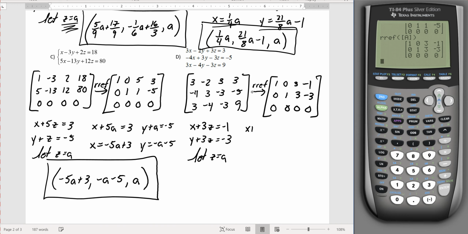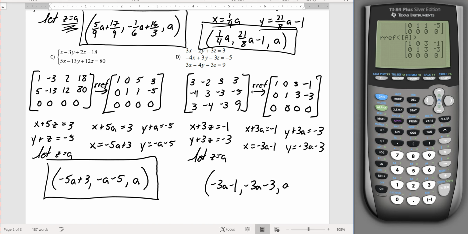So that means x plus 3a is negative 1, y plus 3a is negative 3. Subtract 3a from both, so x equals negative 3a minus 1, y equals negative 3a minus 3, which tells me my solutions are negative 3a minus 1, comma, negative 3a minus 3, comma, and a. Alright, there are my solutions.